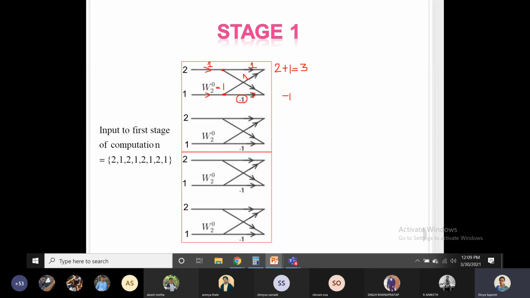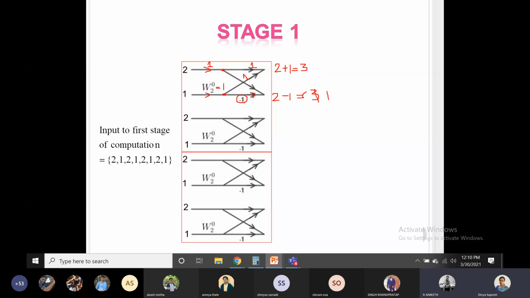What is the first element coming here? 2 into 1, which is 2. Again 2 into 1, which is again 2. So it is 2. So 2 minus 1 will become equal to 3. Sorry, 2 minus 1, which is equal to 1. Got it?